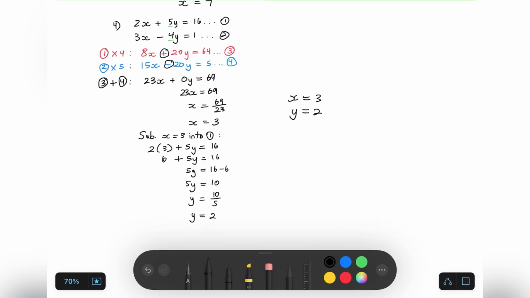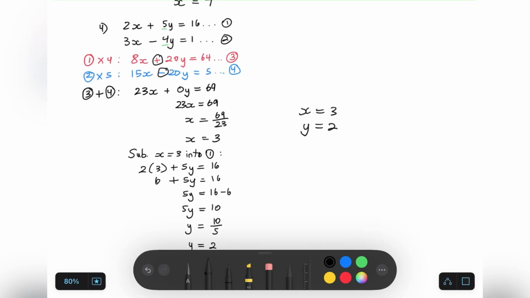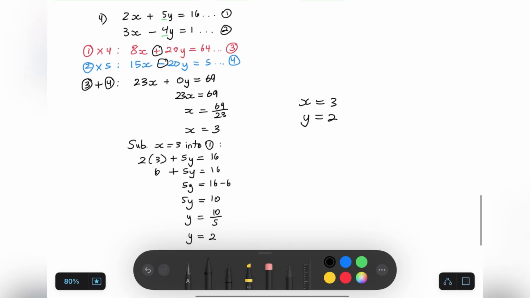So the solution of this pair of simultaneous equations will be x is equal to 3 and y is equal to 2. And of course, as customary, we substitute those values into the original equations to see if it works out, right? So let's see. 2 by 3 plus 5 by 2, that's 6 plus 10, which is 16. So it works in equation 1.